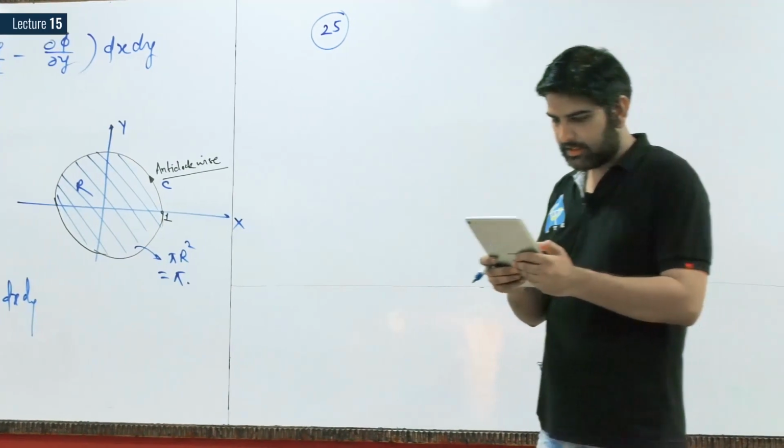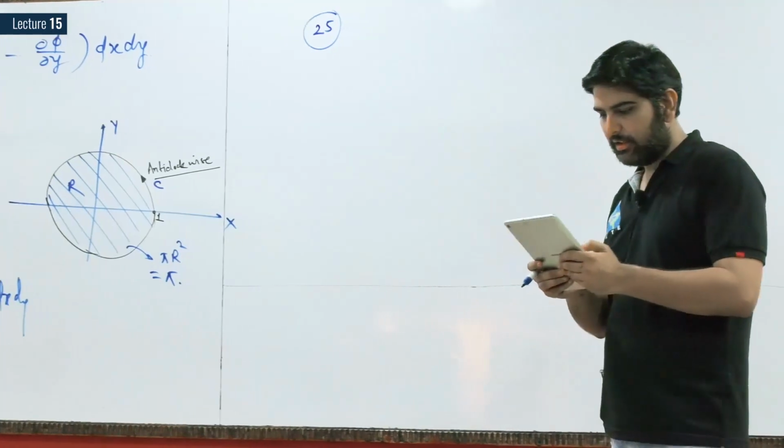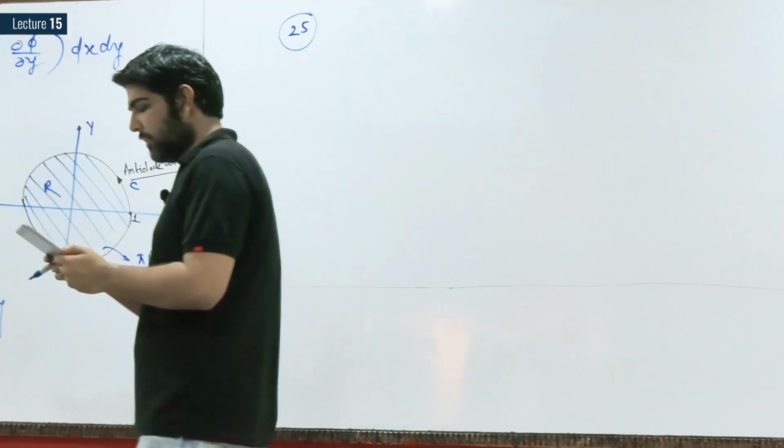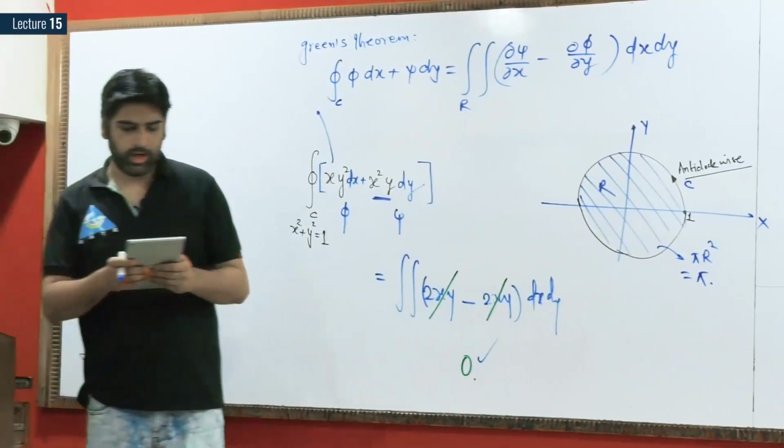Let us have question number 25. I will not solve it completely, but I will give you the 90% solution, then we will conclude the answer, because we need to have the calculator.